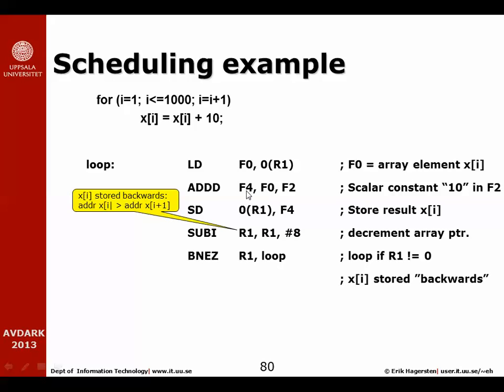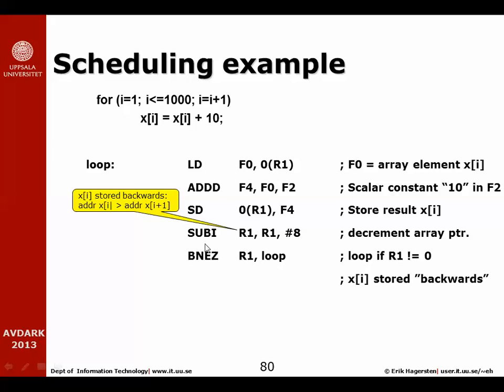So now we added 10 to the element x sub I in this statement. Then next statement we store the result back. So we store, this is where we identify the address, and we're going to store the value to, and then we take this value and we store into that memory location.